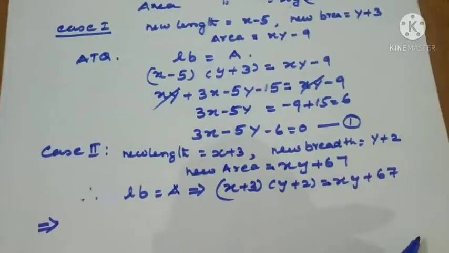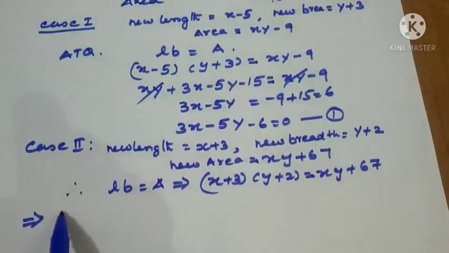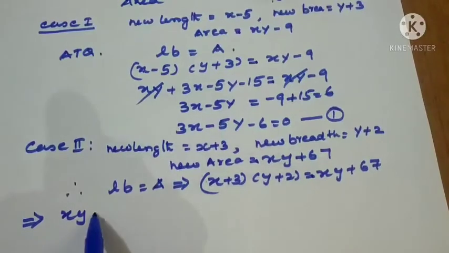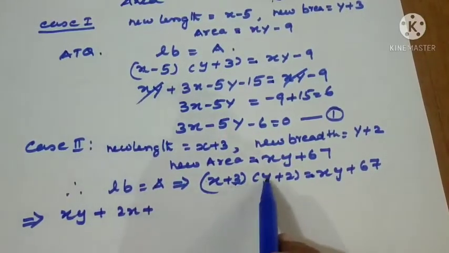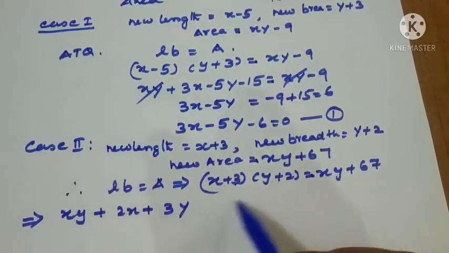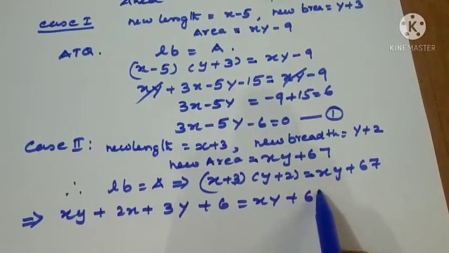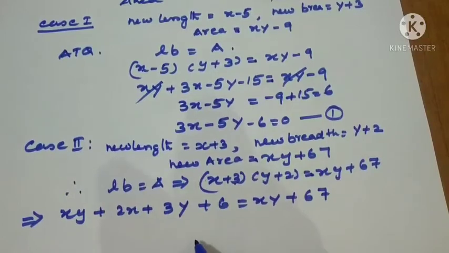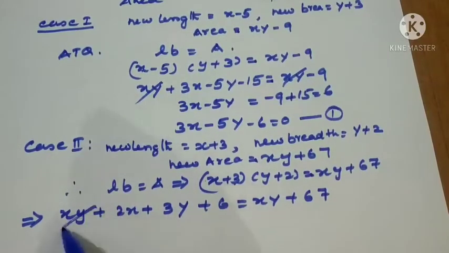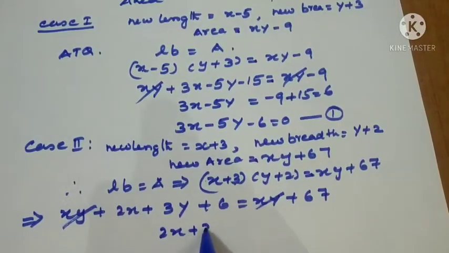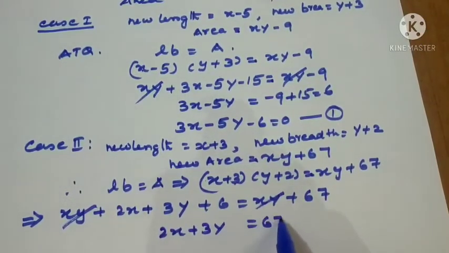Implies, just multiply this one, x into y, xy, x into 2, 2x, 3 into y, 3y, plus 6 equal to xy plus 67. So xy here also will get cancelled. 2x plus 3y equal to 67 minus 6, that is 61.